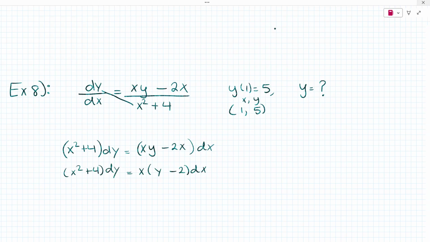And then what I would do next is, I guess I could get rid of this x squared plus 4. Yeah, let's get rid of this whole thing, x squared plus 4, by dividing both sides by x squared plus 4.